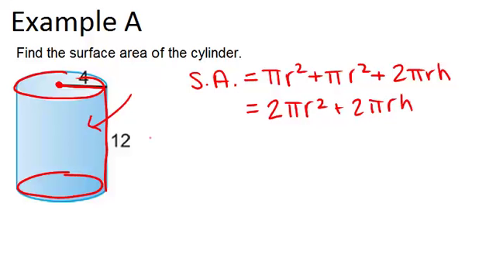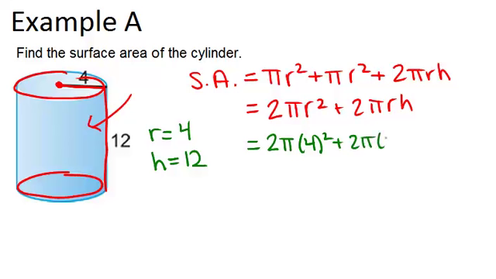So in this case, we know that the radius of the circle is 4 and the height, h, is 12. So we can substitute in those quantities into our formula in order to get our answer. So we know that the radius is 4, so I'm going to substitute in 4 for r, and the height is 12.